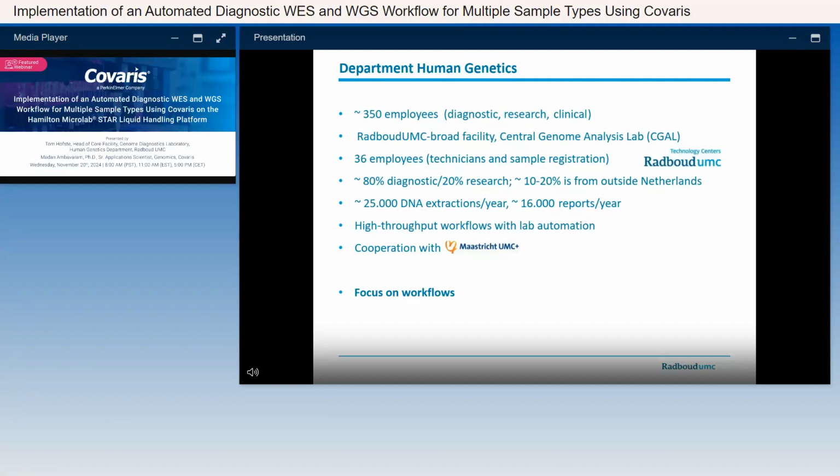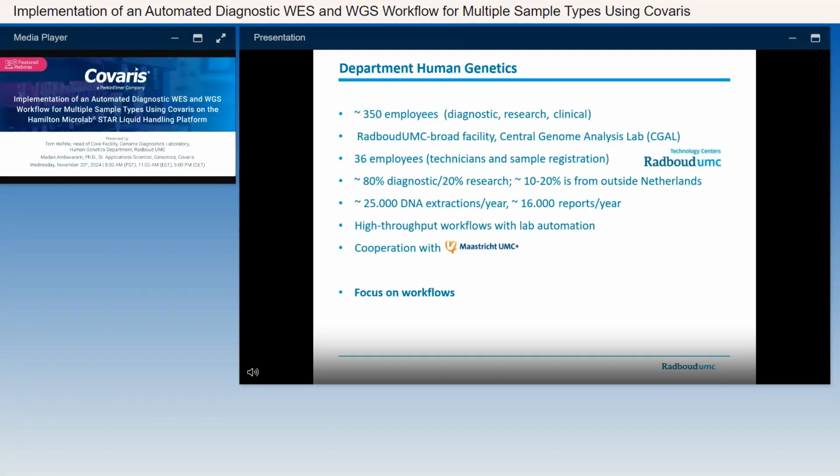We do around 25,000 DNA extractions a year and report 16,000 reports a year. We have a couple of different high throughput workflows, and all is automated with several devices. And all is done in cooperation with our counterpart, Maastricht UMC in the south of the Netherlands.